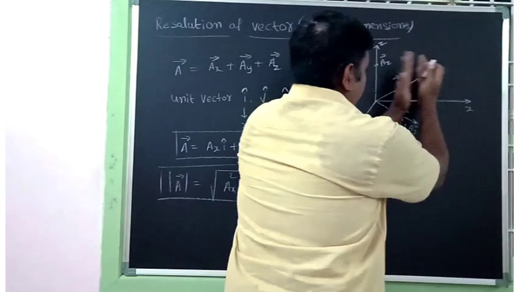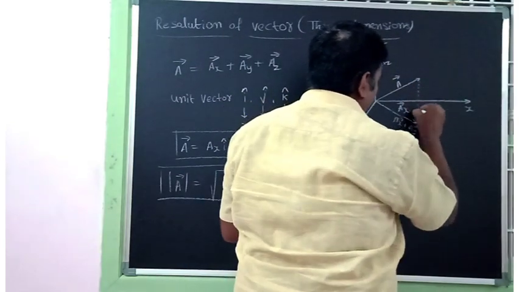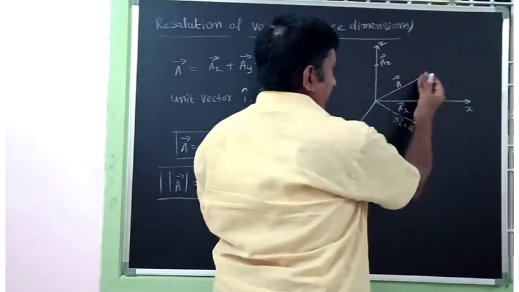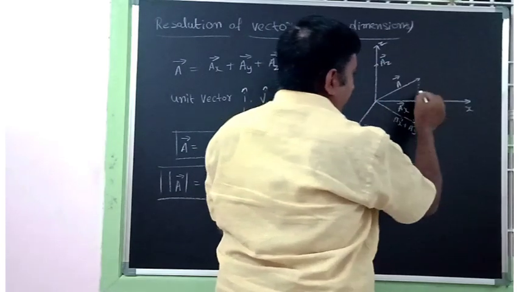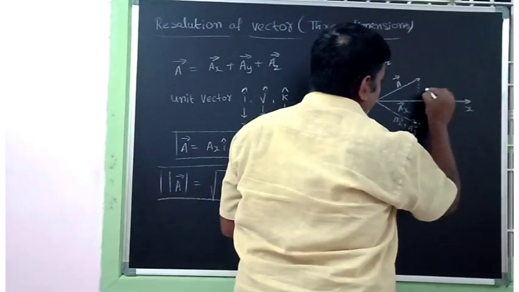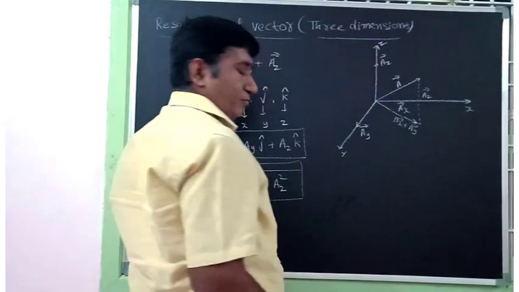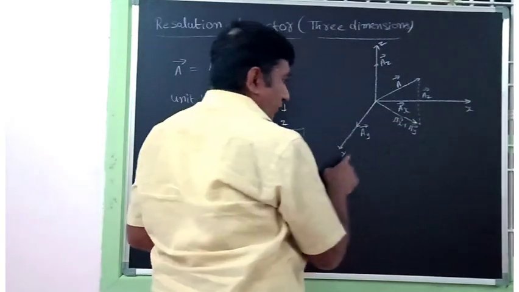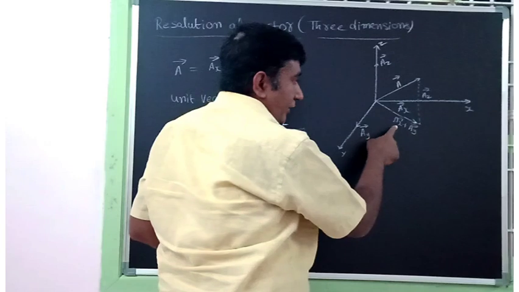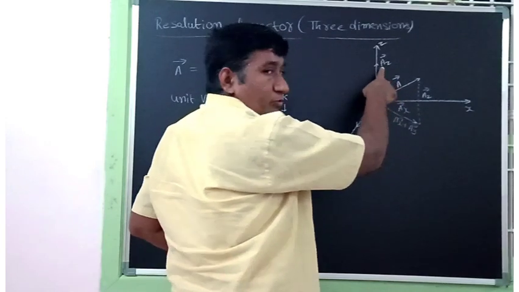This one will be parallel, so the same will be there, and that can act as the AZ vector. So here the x and y resultant we are getting, and we are adding it with respect to z.